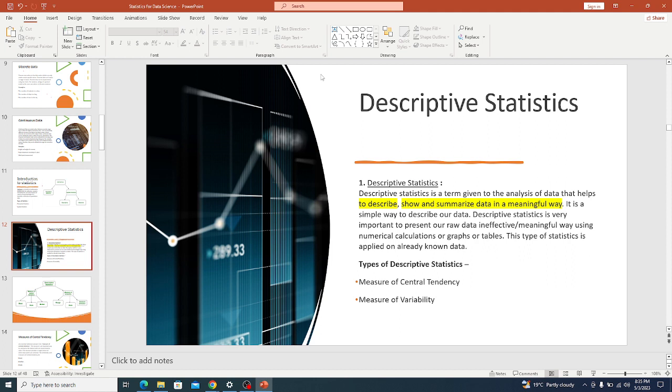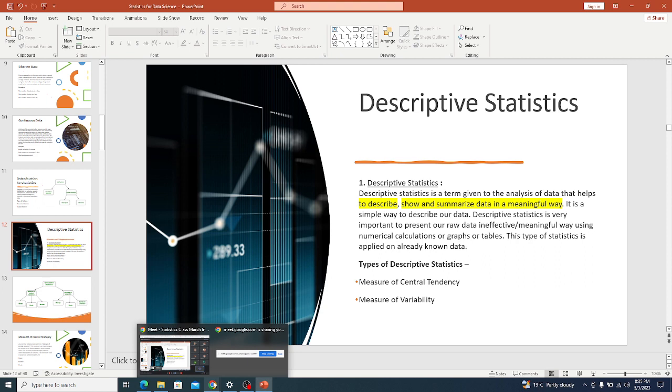Student: It's the average. It is the average.